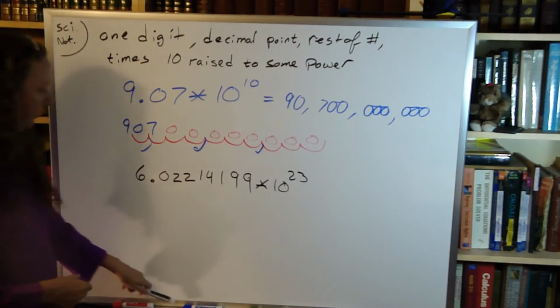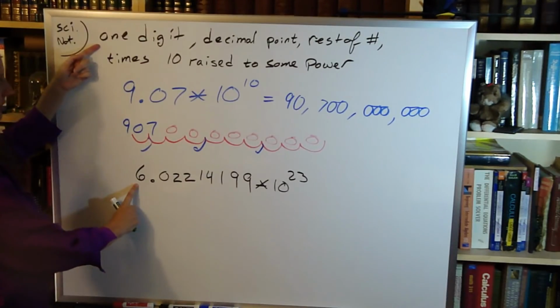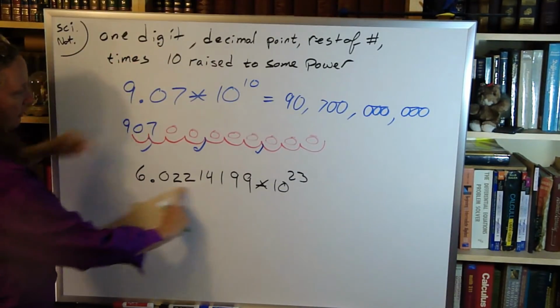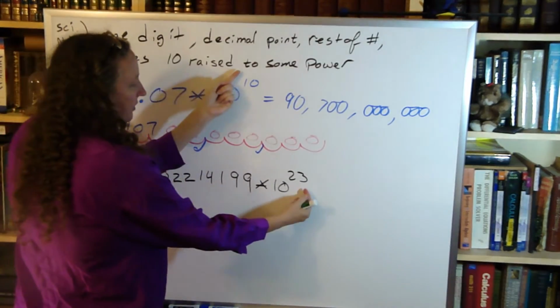And I want to turn this into standard notation. Right now it's in scientific notation because it has 1 digit, a decimal point, the rest of the number, times 10 raised to some power.